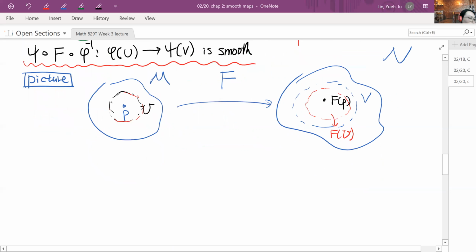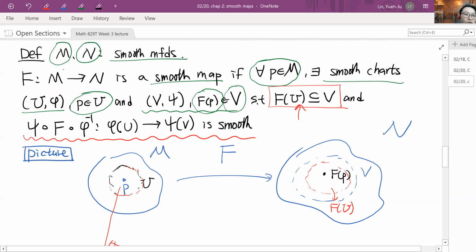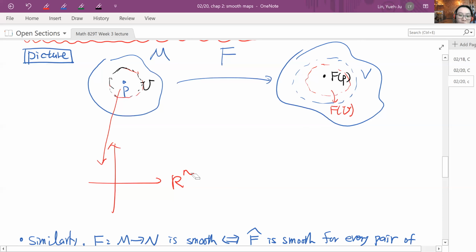When we say F is smooth, it means that now we need to pull back to R^n. Let's say M is an m-dimensional manifold, and capital N is n-dimensional.